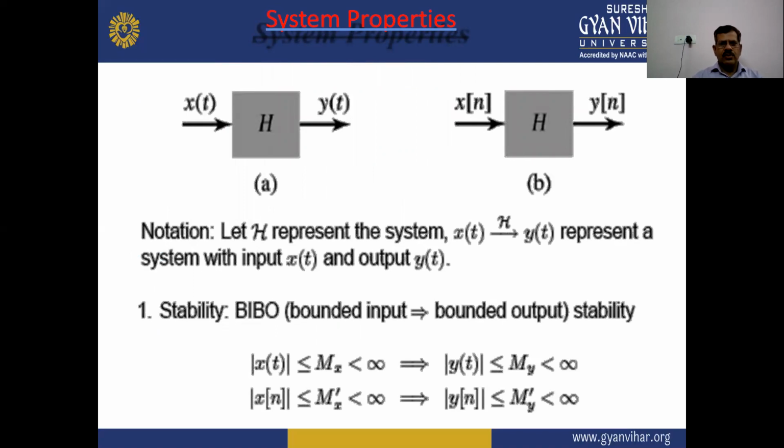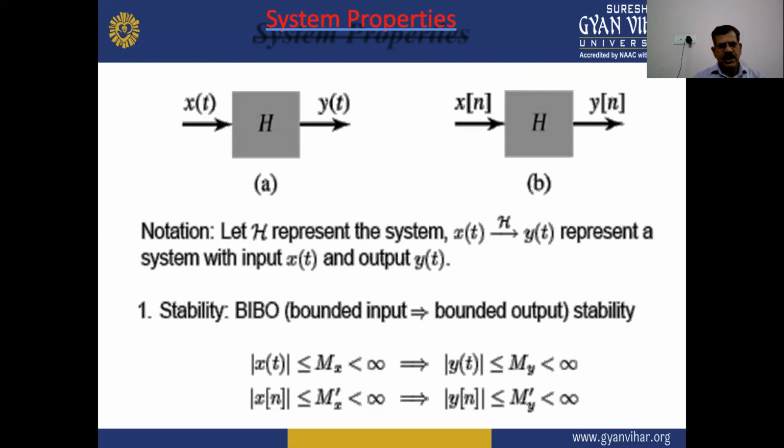So there are some properties of the system. x(t) is the input and y(t) is the output of this system, and H is the transfer function in figure A, and in figure B y[n] is the output signal and x[n] is the input signal, and H is the transfer function of this system.